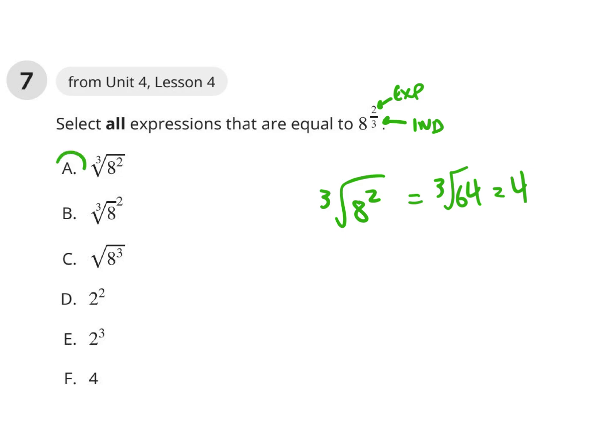So A works, D works, and F works. And let's look at this again. Oh, B works. B also works because remember, it's the cube root of 8 squared. That looks kind of funny, but that is accurate.